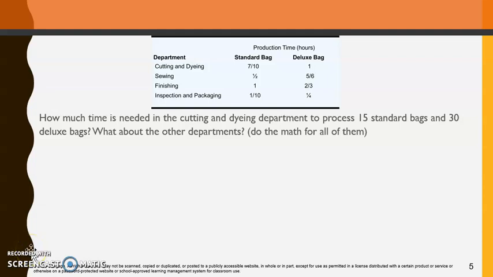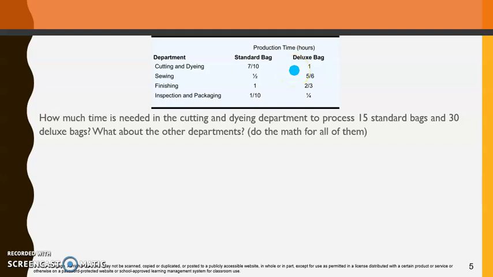How much time is needed in the cutting and dyeing department to process 15 standard bags and 30 deluxe bags? Please do this for the other departments as well. Here you can see in the table that for each standard bag, 7/10 hours is needed, and for each deluxe bag, 1 hour is needed.